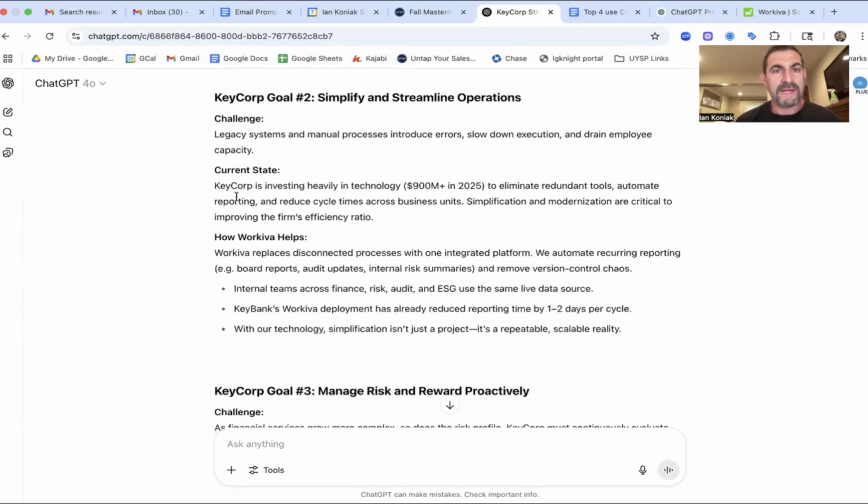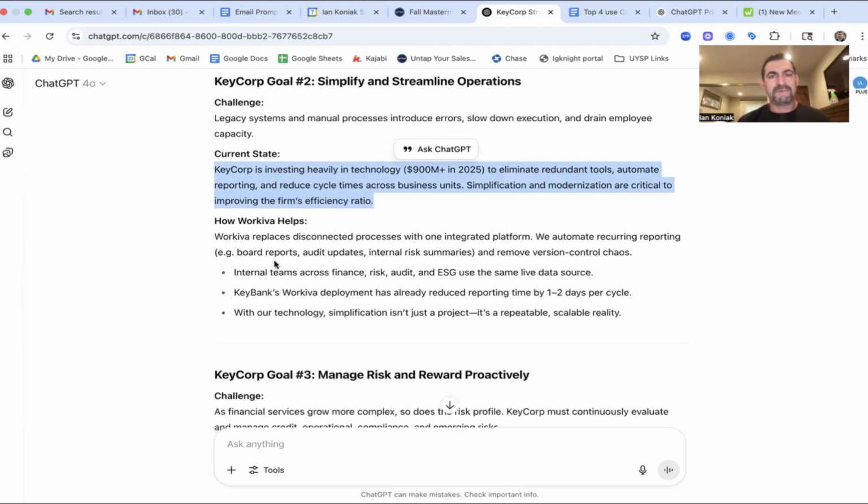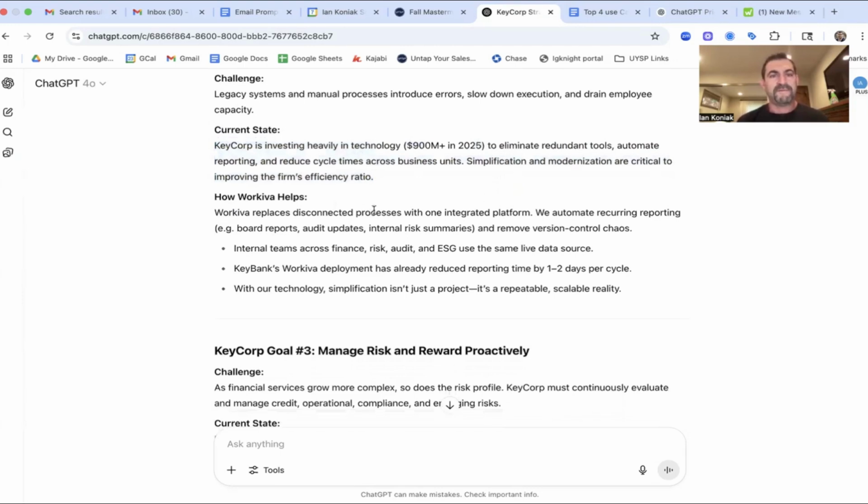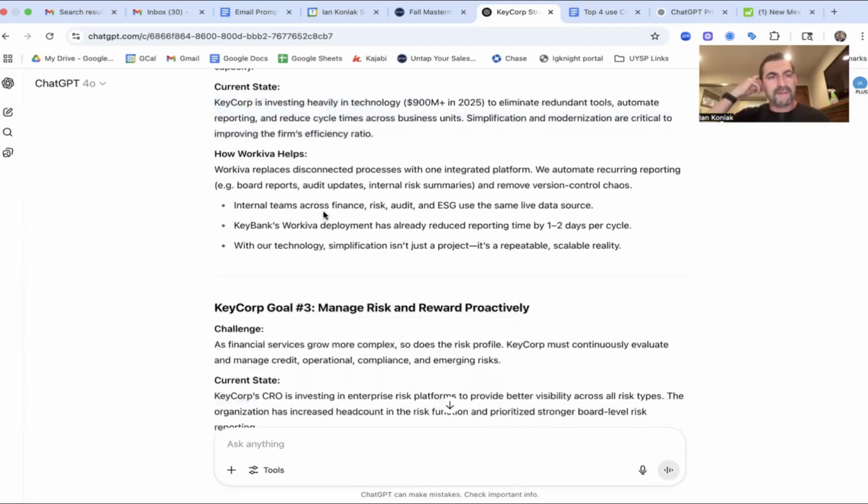Then it's going through, again, each of these areas. So simplify, streamline operations. You can see KeyCorp is investing heavily to reduce redundant tools and automate reporting. And it's really about simplification and modernization to improve the firm's efficiency ratio. And with Workiva, you can replace these disconnected processes with one integrated platform, automate reporting, and remove version control chaos, which is very relevant for a bank.